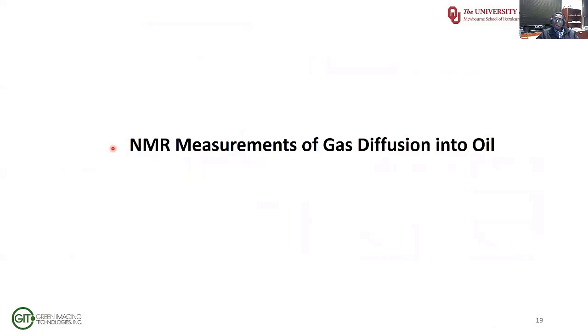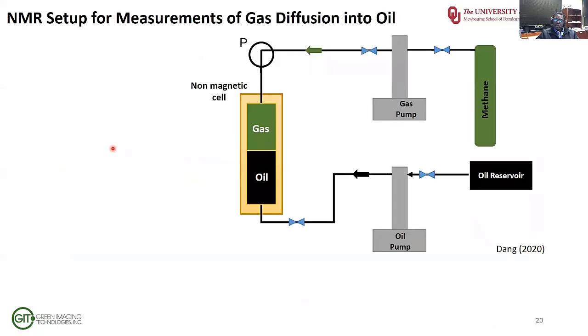And so now I will share with you some measurements that we conducted of gas diffusion into oil with NMR. For that, we take advantage once again of our non-magnetic pressure vessel. But this time, instead of inserting a sample inside the pressure vessel, we will just inject oil and gas inside.